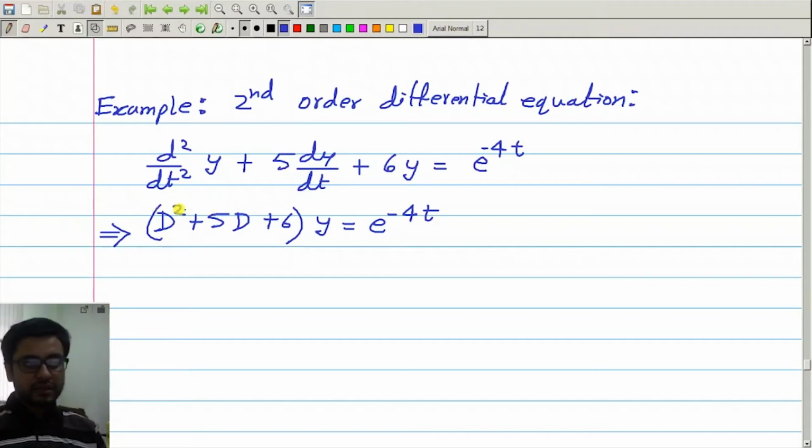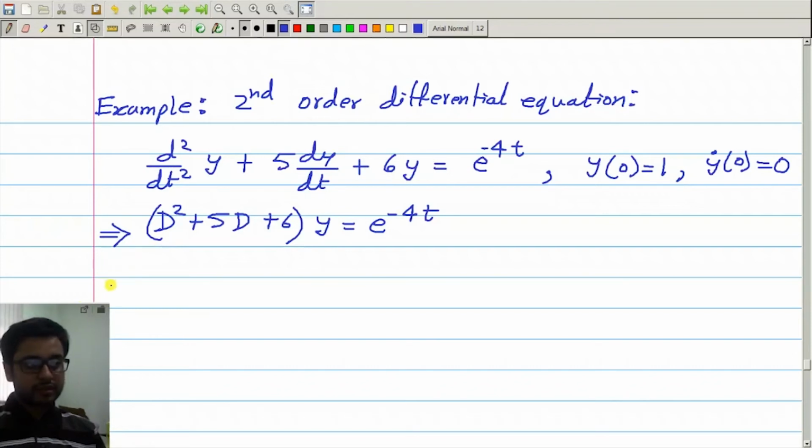And suppose the initial conditions are given like this: y(0) is equal to 1 and y dot (0) is equal to 0. We need two initial conditions because this is a second order equation.